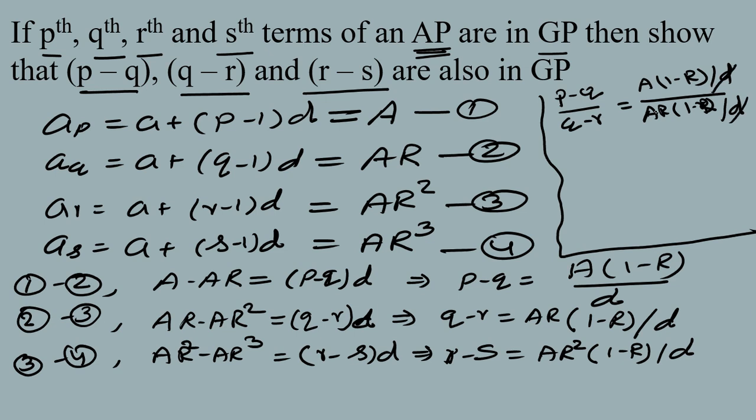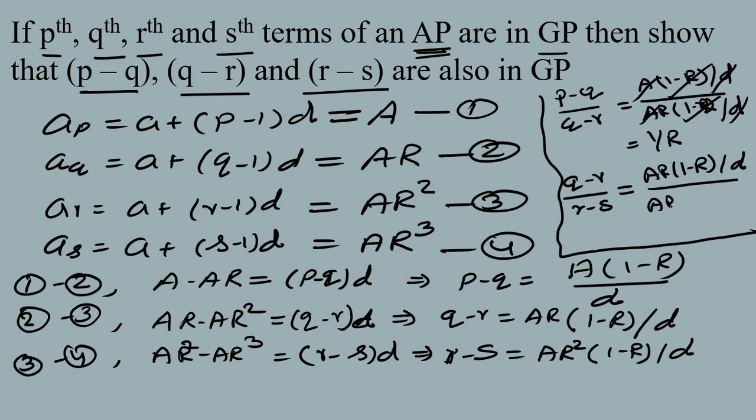Now D is cancelled out, 1 minus R is cancelled out, A is cancelled out. So what are you getting here? 1 upon R. Similarly, here Q minus R divided by R minus S is equal to AR times (1 minus R) divided by D over AR square times (1 minus R) divided by D. So D is cancelled out, 1 minus R is cancelled out, A is cancelled out.